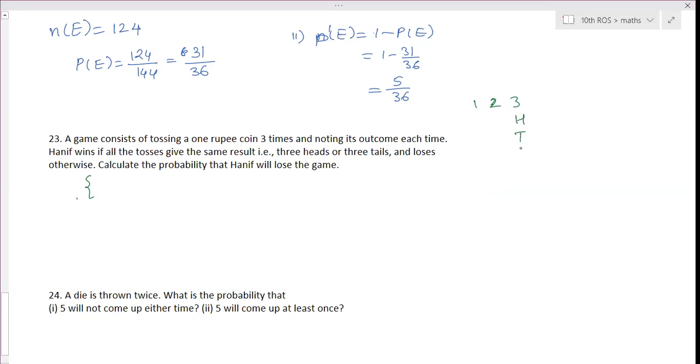TH, TH, TH, TH. HT, HT, HT. And then 2H, 2T, 2H, 2T, and 4H, 4T. So these are all 8 outcomes.